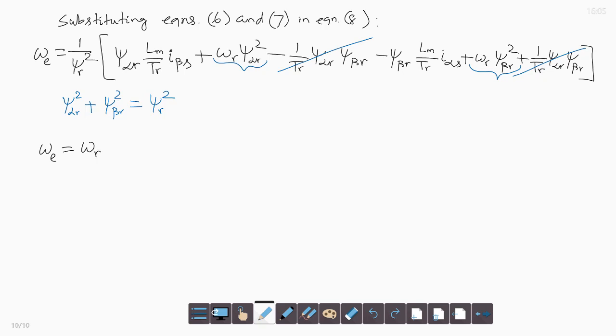So, we have only omega r plus Lm by Tr is the multiplier into this term is psi alpha r into I beta s minus psi beta r into I alpha s whole divided by psi r square. This is equation number 9. So, now using equation 9, speed is estimated.